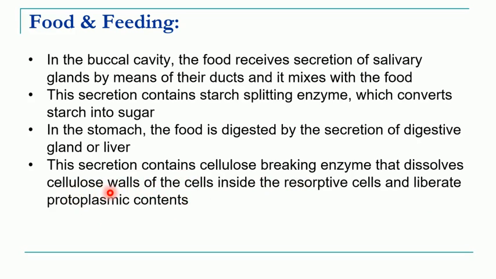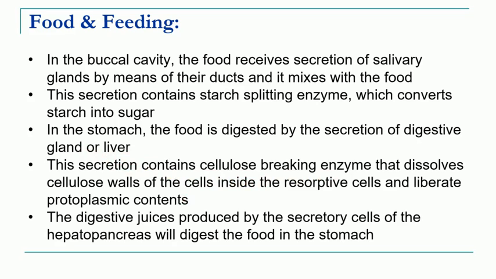We know that plants have their cell wall made up of cellulose. So breakdown of cellulose is very important, and that is being carried out by the enzymes present in this secretion of the digestive gland or liver. These digestive juices produced by the secretory cells of the hepatopancreas or liver will digest the food in the stomach.